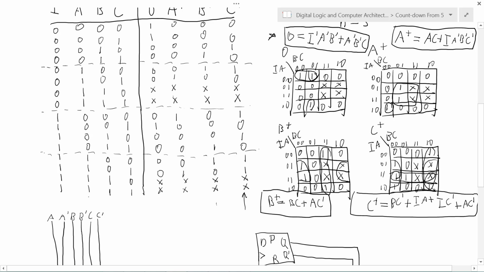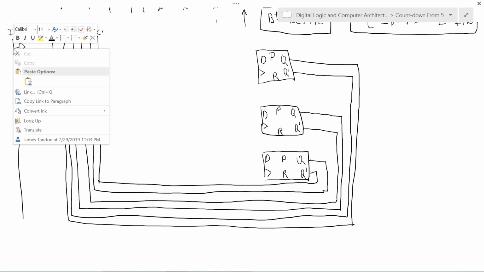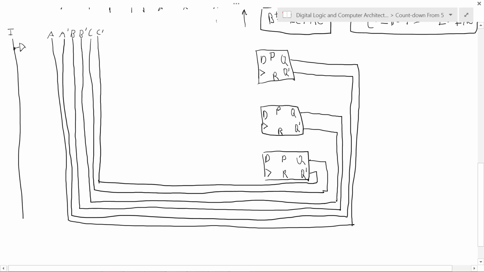So we should list input I, and its inversion, I prime.